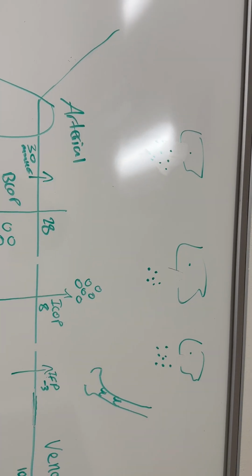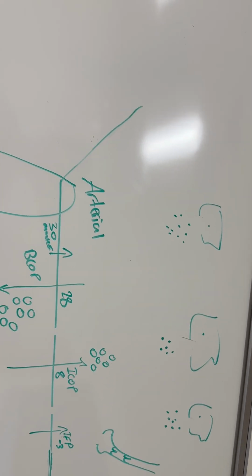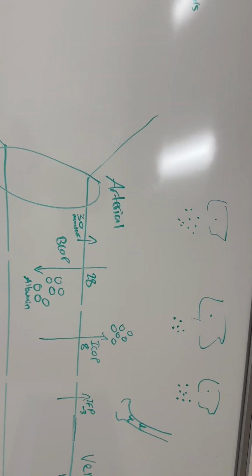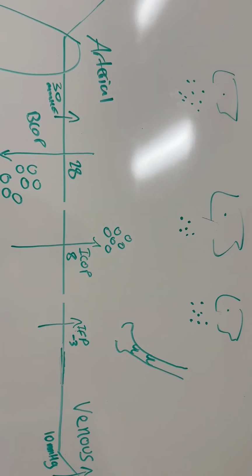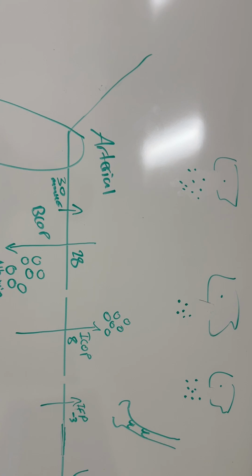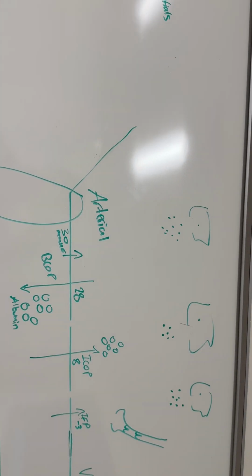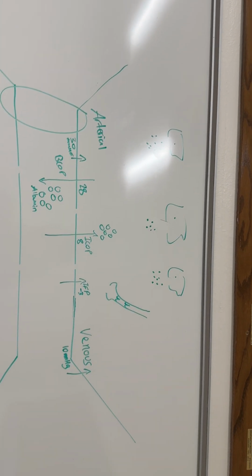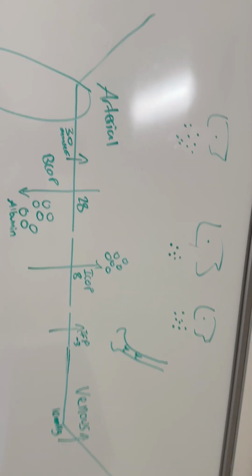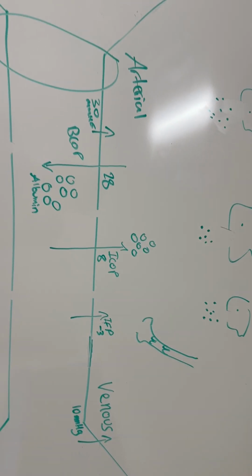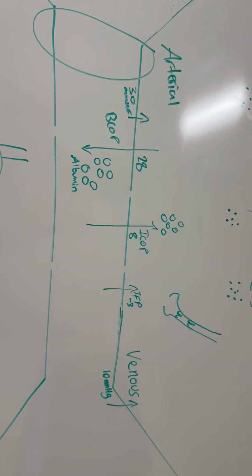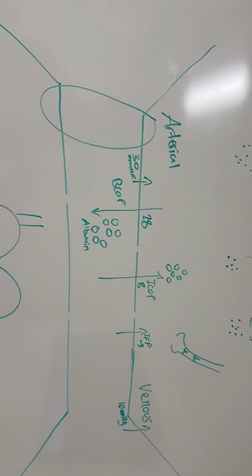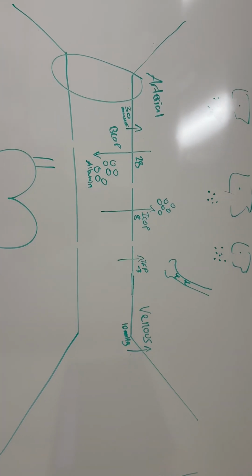And those cells are going to lyse, and they're going to spill their contents into the interstitium. Those contents might be ribosomes, channels, organelles, just all the proteins inside the cell. And those proteins are going to be osmotically active. So that increase in ICOP is going to cause more fluid to leave the capillary and go into the interstitium.